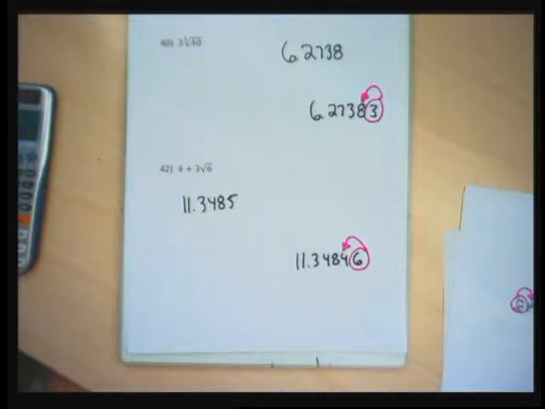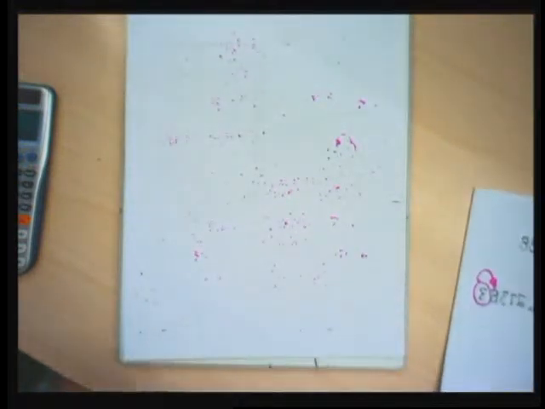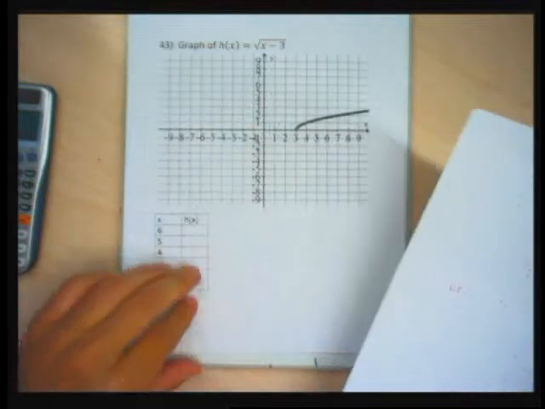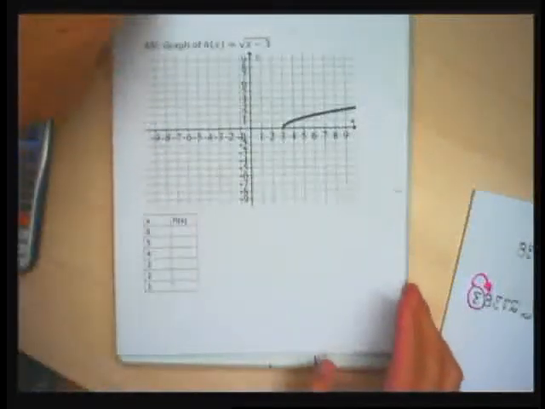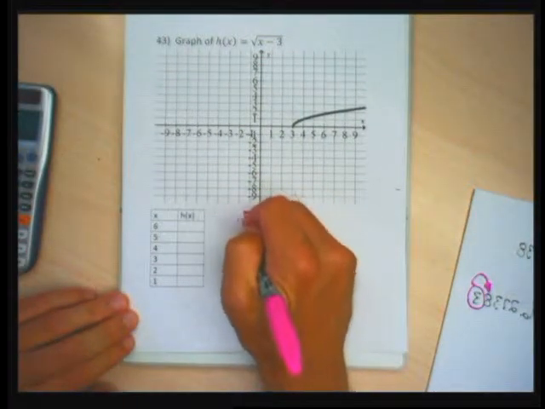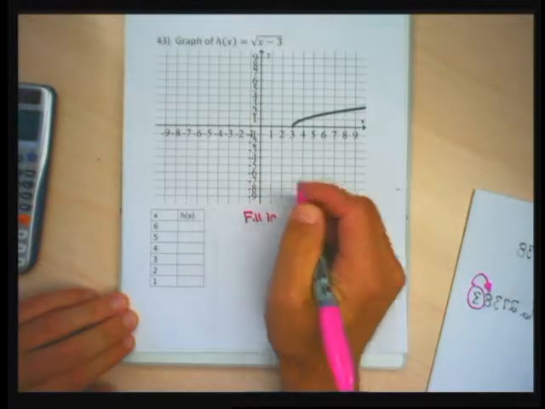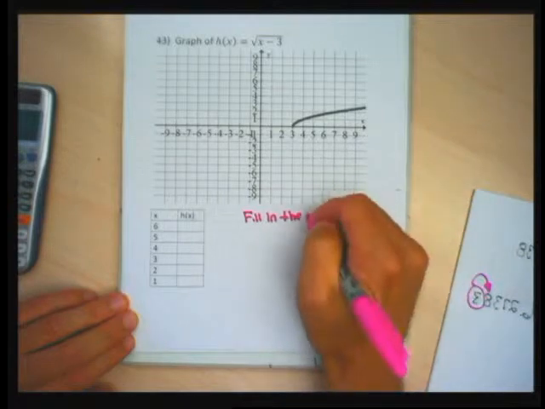All right, the next problems are semi-important, but not directly on the test. So problem 43 says fill in the table. I somehow deleted the function when I made this. Fill in the table.